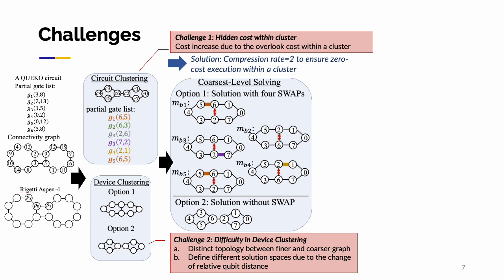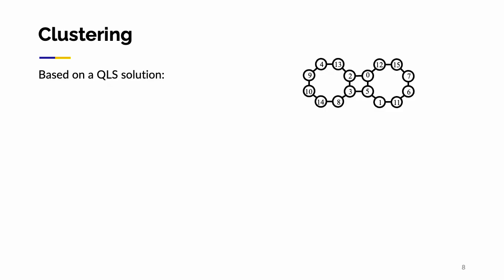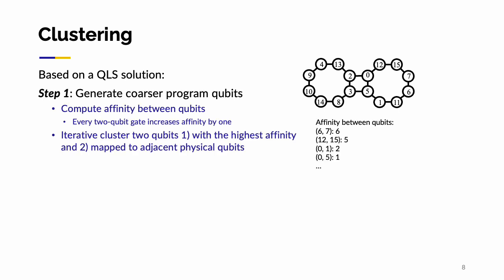So in that case, we propose the idea of circuit-informed clustering, which is very similar to the better clustering given by the second V-cycle. So here's how we do clustering. We base on the existing layout synthesis solution. The right-hand side shows the device, and then the index are the program qubit index. First, we generate a coarser program qubit. We compute the affinity between qubits based on the number of 2 qubit gates.